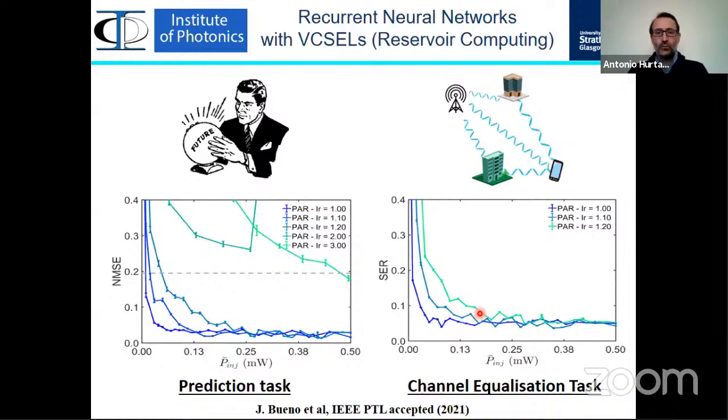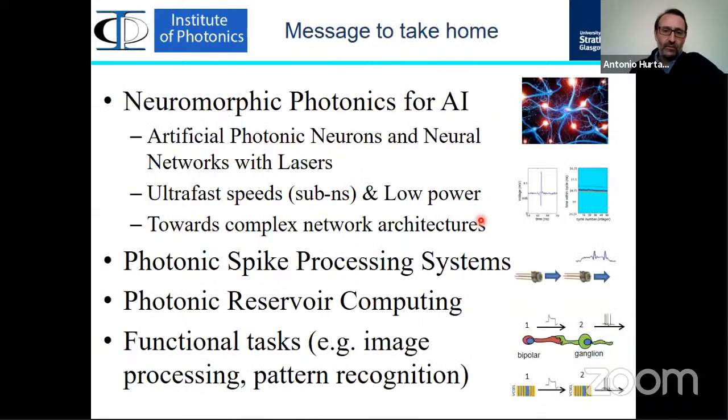So I guess the message to take home is that we believe that photonic technologies can have a big impact on neuromorphic computing systems for ultra-fast artificial intelligence. The idea is that we can build artificial photonic neurons and neural networks with lasers, and that will use spike processing capabilities to operate, hence reducing operation energy requirements and improving speed.